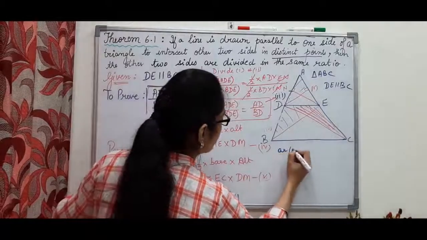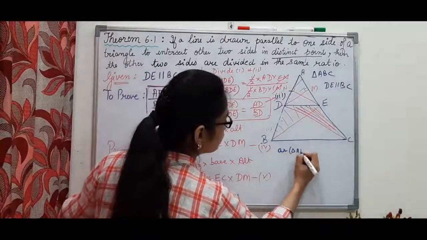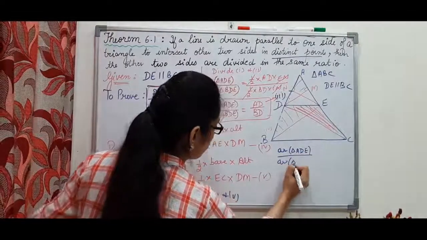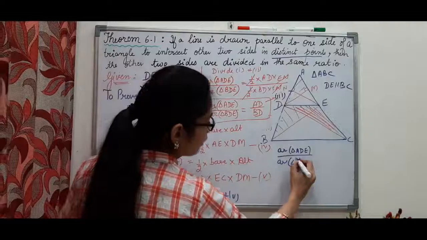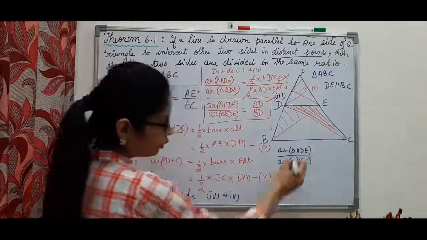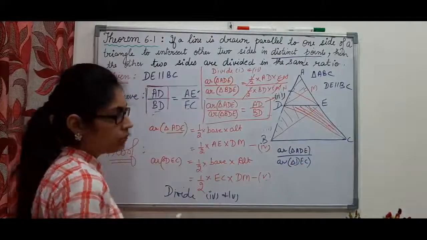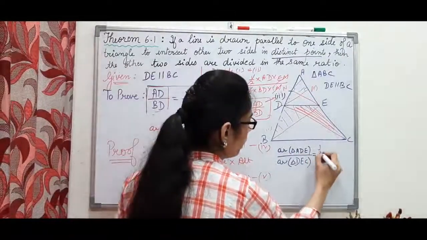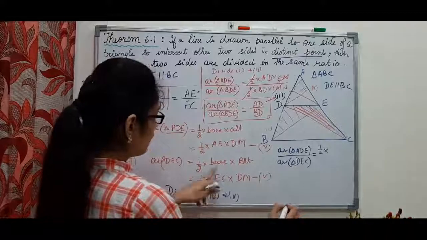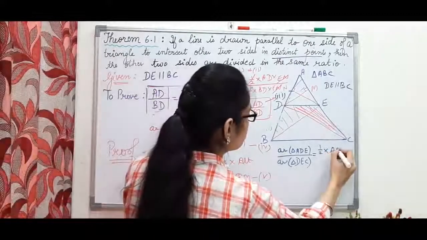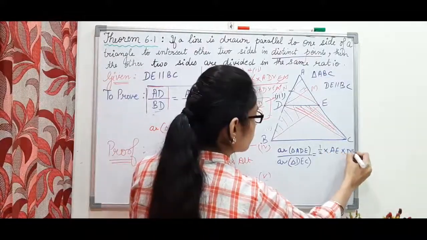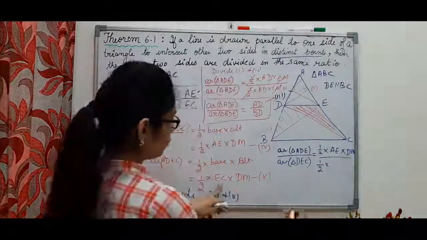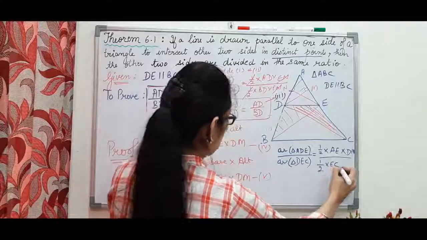Area of triangle ADE, first I'll write this, upon area of triangle DEC. Everything should be correct, so keep checking yourself whether you are writing the correct sides or not. So I'll fill in the values: half into AE into DM upon half into EC into DM.